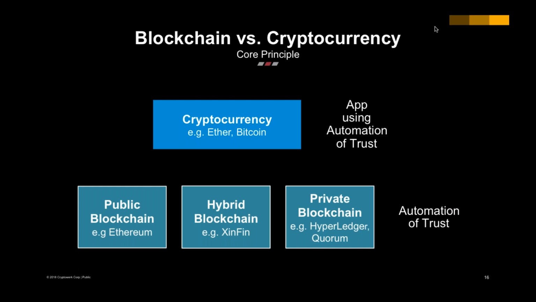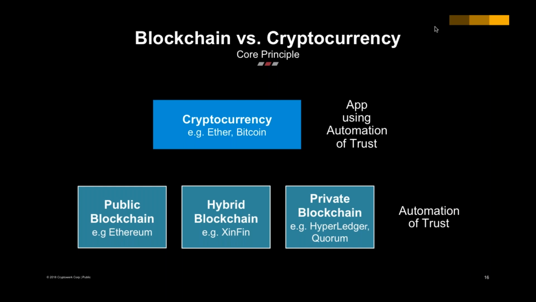A private blockchain on the other side, on the right-hand side, for example, IBM Hyperledger, Quorum, others, is, as the name says, private, so you can't just download a copy and get access. It's a private set of partners that agree on using this particular blockchain. And so it's also called permissioned, meaning everyone that's on there knows who everyone else is and trusts each one that is on this blockchain.